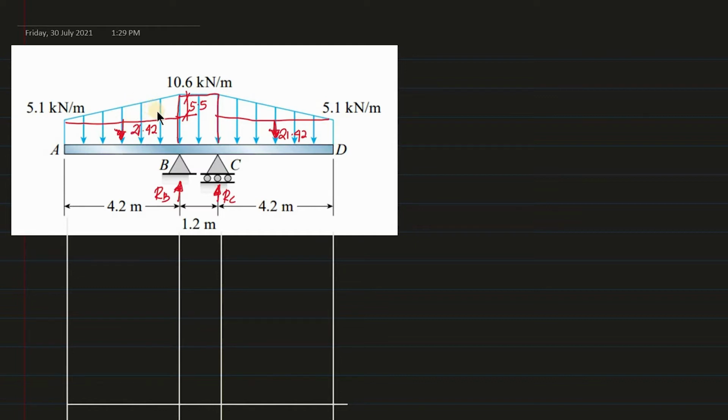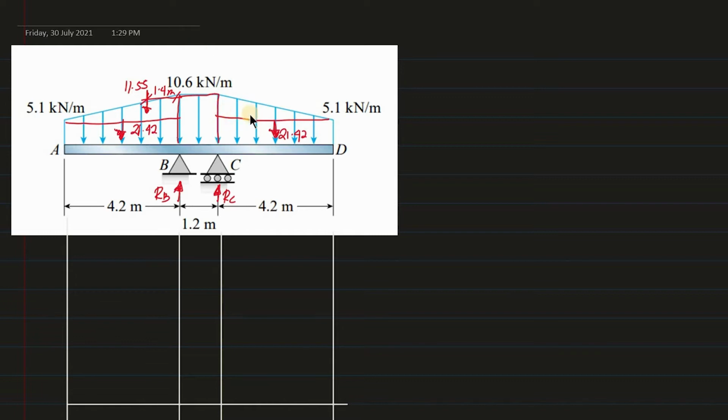So, itong 11.55, ang location niyan would be 1/3 away from this height. So, let's say dito siya. That has a value of 11.55. And since 1/3 yung length niya papunta dito, ano yung 1/3 ng 4.2? 4.2 times 1/3 is equal to 1.4. So, this has a length of 1.4 meters.